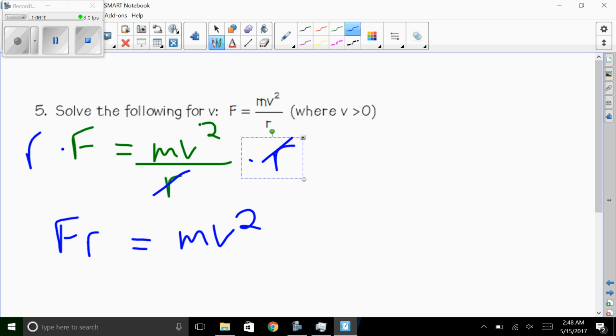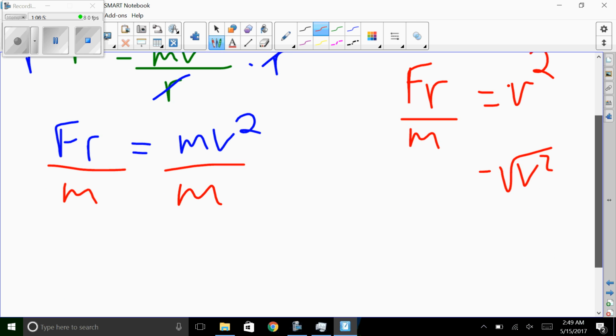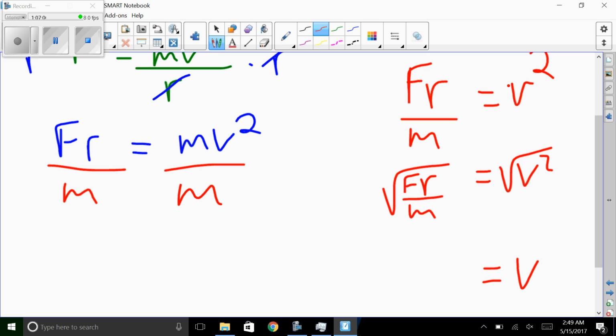Alright, now I've got to get rid of the m, so I'm going to divide by m. I'm left with v squared equals f times r over m, just like we've been doing. To get rid of the squared, I have to take the square root of both sides. So my final answer, v equals the square root of f times r over m.